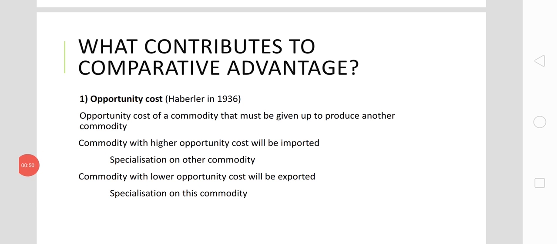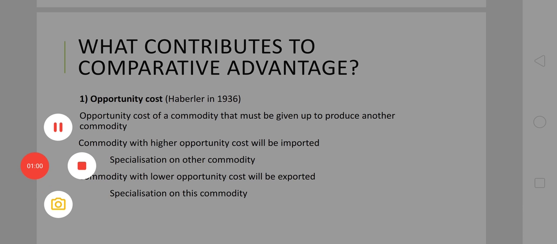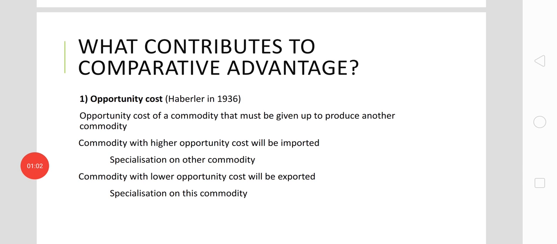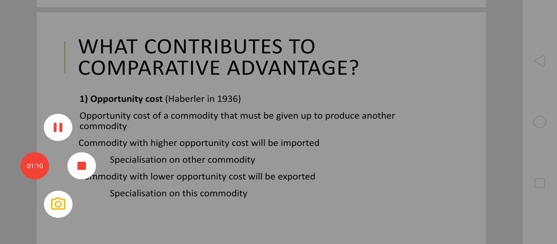There are a few factors affecting the comparative advantage of a nation on producing the commodity. The first one is opportunity cost, which was put forward by Haberler in 1936.